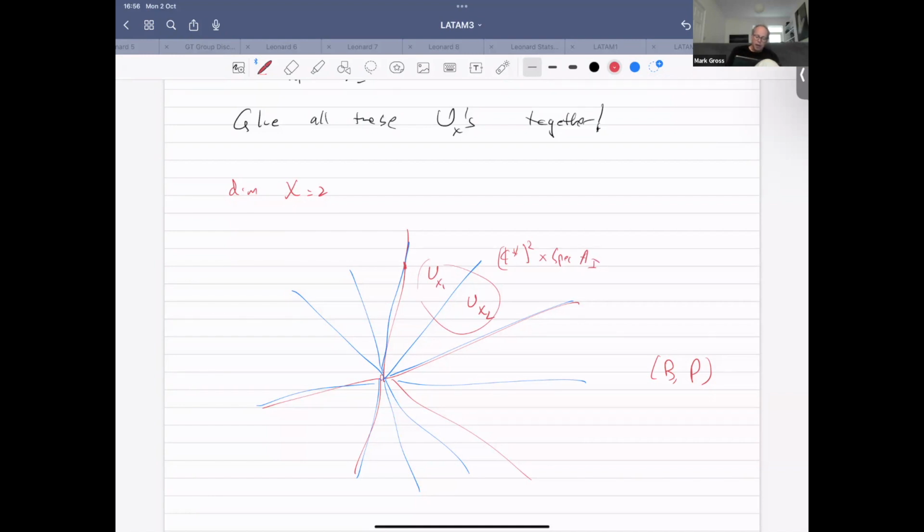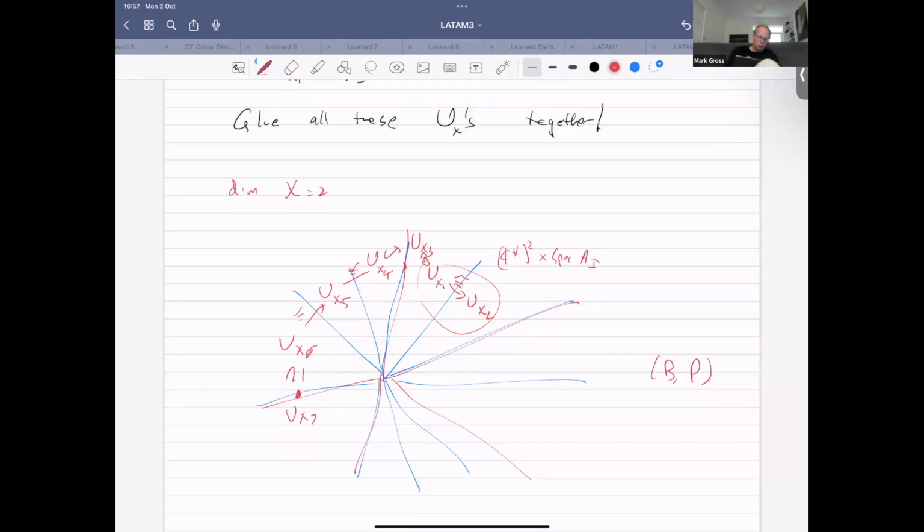Over here, these two, because they're in the same maximal cell, get identified. But this UX1 can then be identified with a subset of UX3, as would be UX4. So these are identified with subsets. These are identified by an isomorphism. UX5 goes here, UX6. These have isomorphisms, and then maybe UX7.